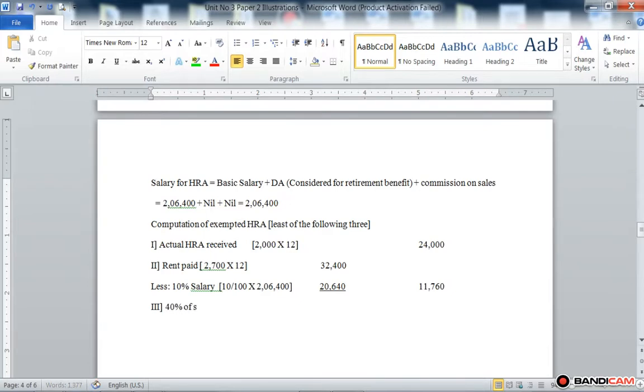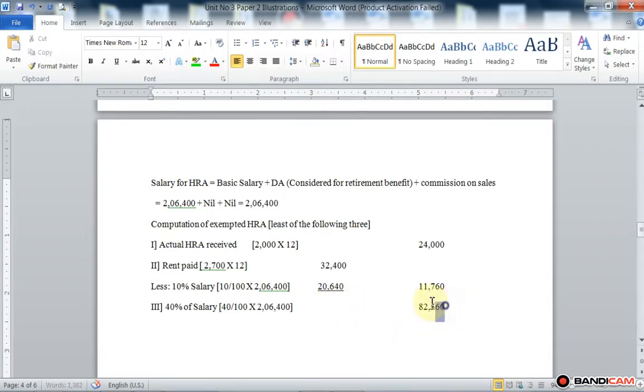And third point, that is 40% of salary. Here we consider the 40% of salary because the assessee worked in Pune city. Okay, if he worked in metropolitan cities, that is Mumbai, Chennai, Kolkata, Delhi, then we consider here 50% of salary. So 40% of salary is equal to 40 divided by 100 multiplied by salary. We computed salary 2,06,400. That is amounting to rupees 82,560.